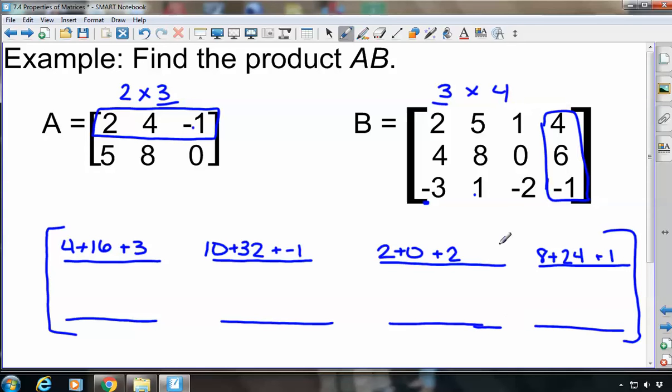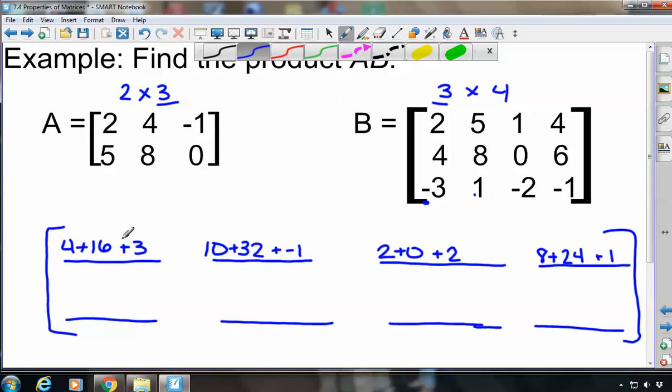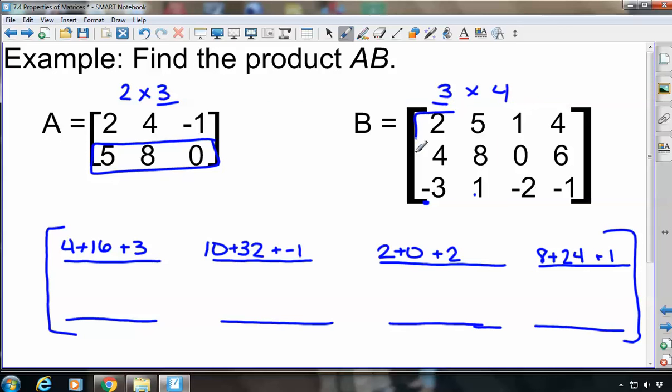So far, so good? So next, we need row 2, column 1. So row 2 times column 1. 5 times 2 is 10. 8 times 4, 32. 0 times -3.